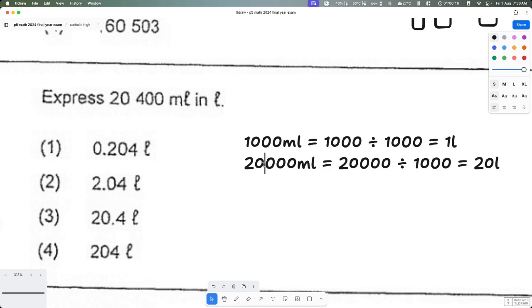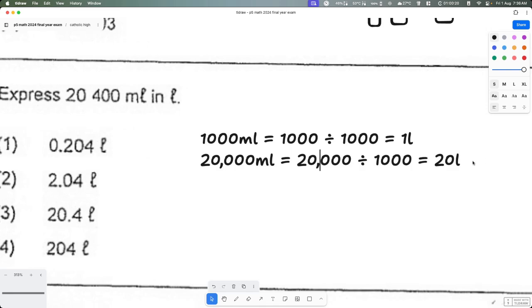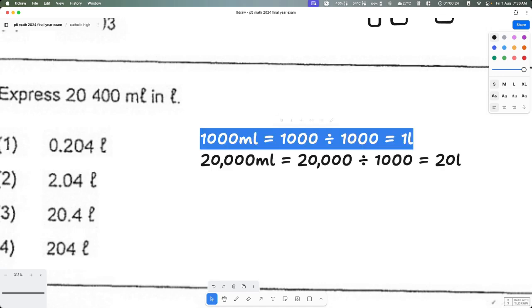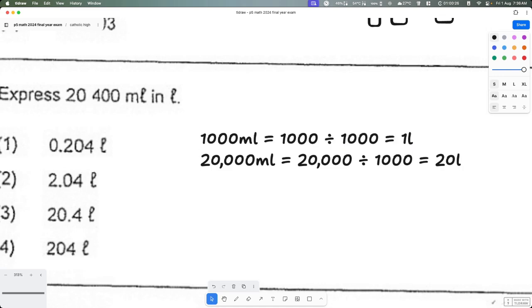Okay, so I'm just going to put a comma so it's easier to see the thousand place. What about 400 milliliters, which is basically 400, and then we divide by 1,000.